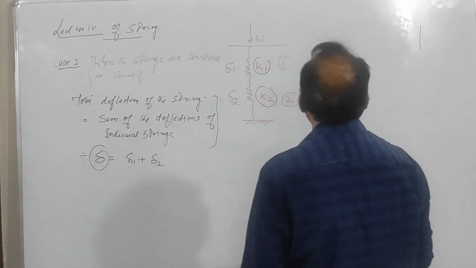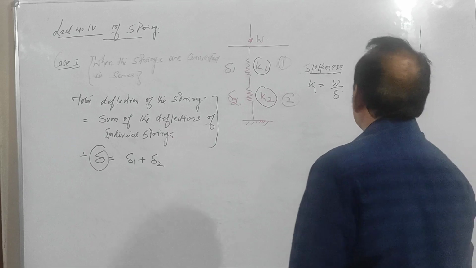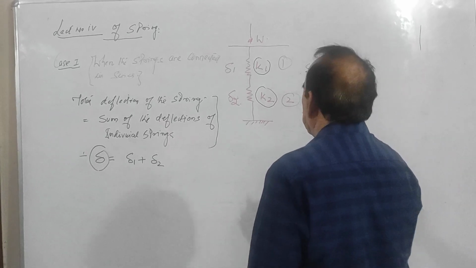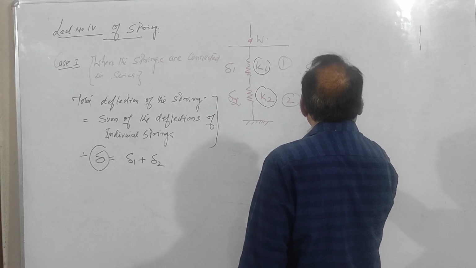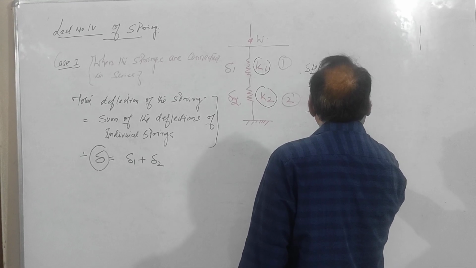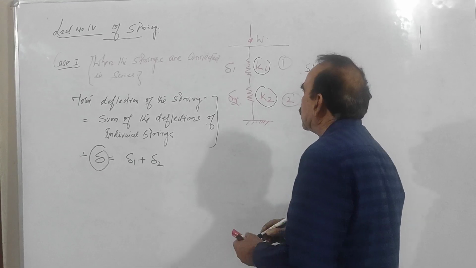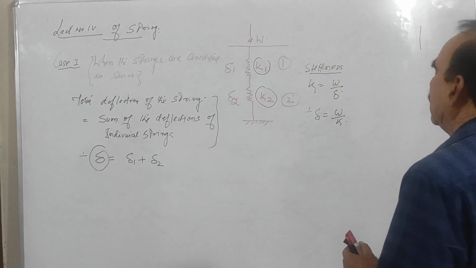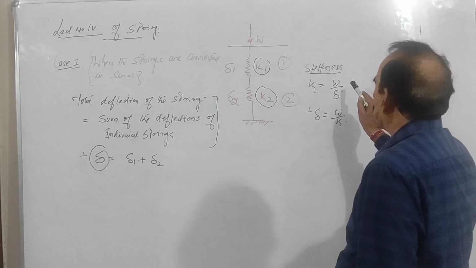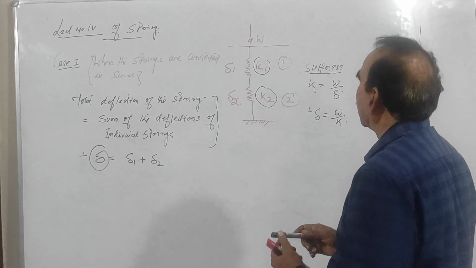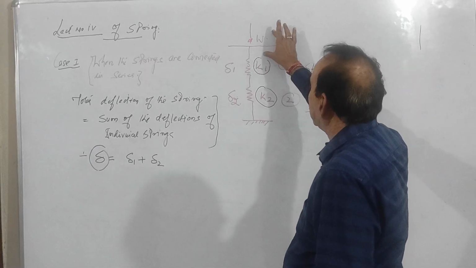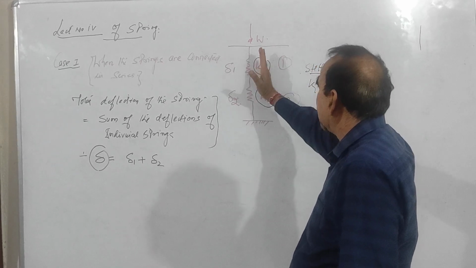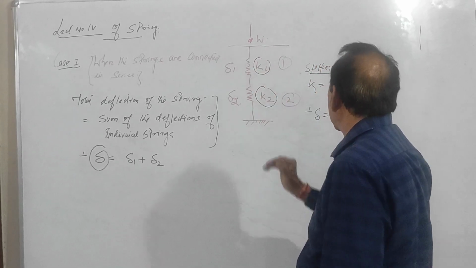Therefore, delta is equal to W upon K. The load is the same one: load W is acting on the spring, and this load is also acting on the other spring.